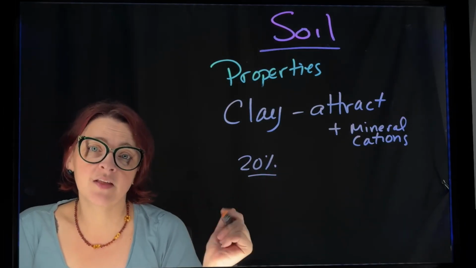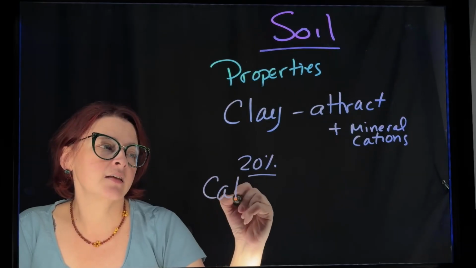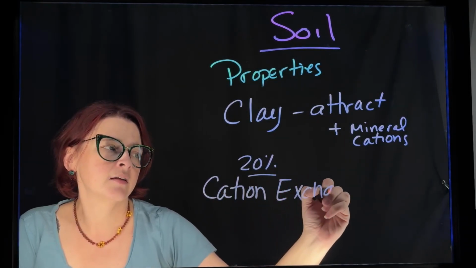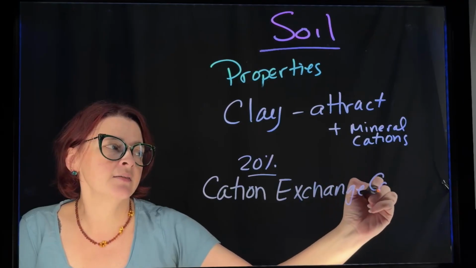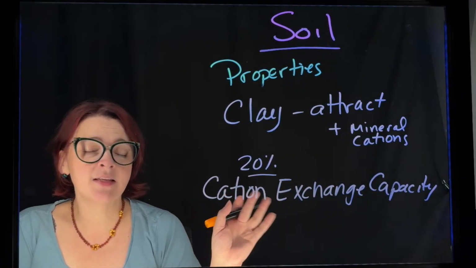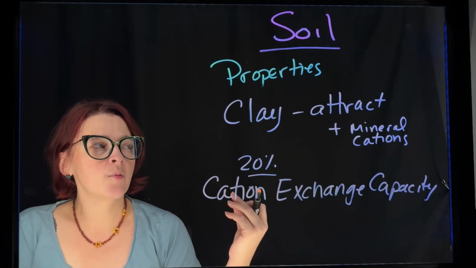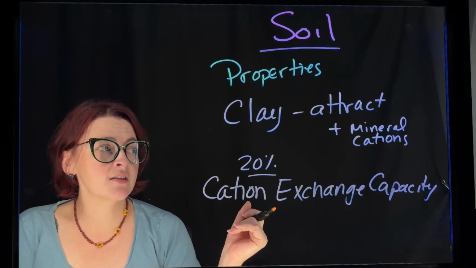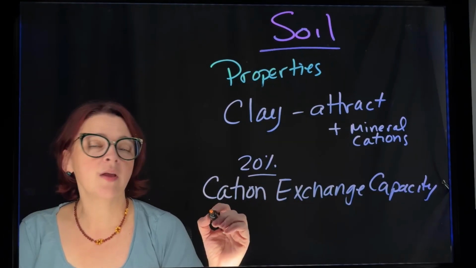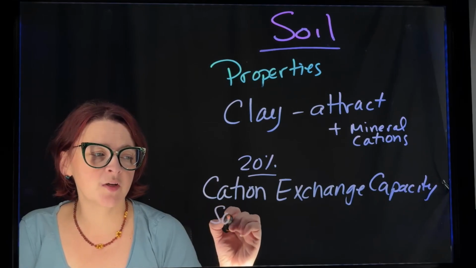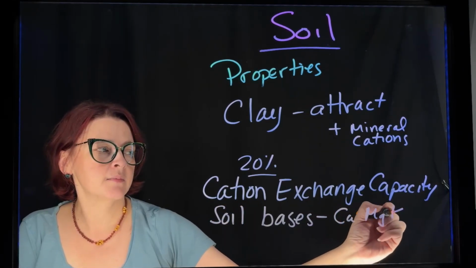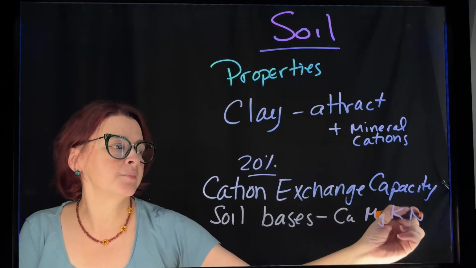through. So one of the things that we can measure is the cation exchange capacity. The cation exchange capacity is essentially how well the soil can hold on to and exchange those mineral cations. We also want to take a look at soil bases, which are calcium, magnesium, potassium, and sodium.